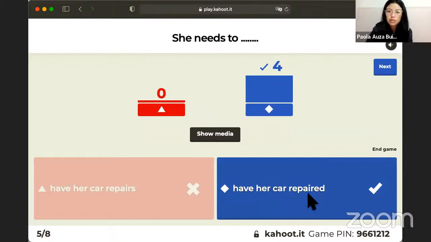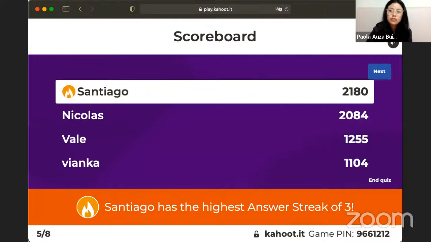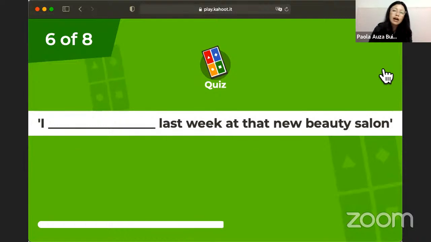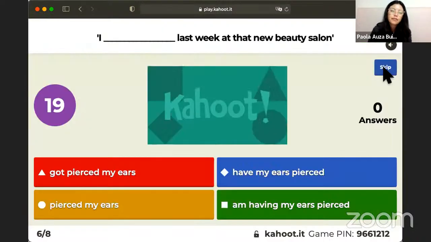Object, past participle. Next. I got pierced my ears, have my ears pierced. I'm having my ears pierced last week at the new release. Remember, you can use it with any tense, no? Just choose the one that is better.